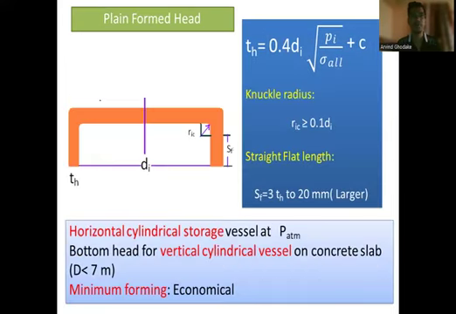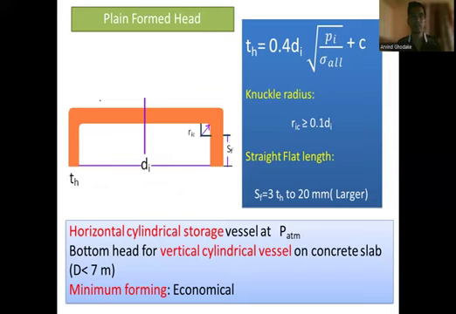The plain formed head is generally used for horizontal cylindrical vessels at atmospheric pressure, and as the bottom head for vertical cylindrical vessels on a concrete slab, where D is less than 7. Minimum forming is economical. Therefore, the thickness of the plain formed head is calculated by using the formula 0.4 Di into root of Pi upon sigma allowable plus C, where r is the knuckle radius RIC, which is always greater than or equal to 0.1 Di.